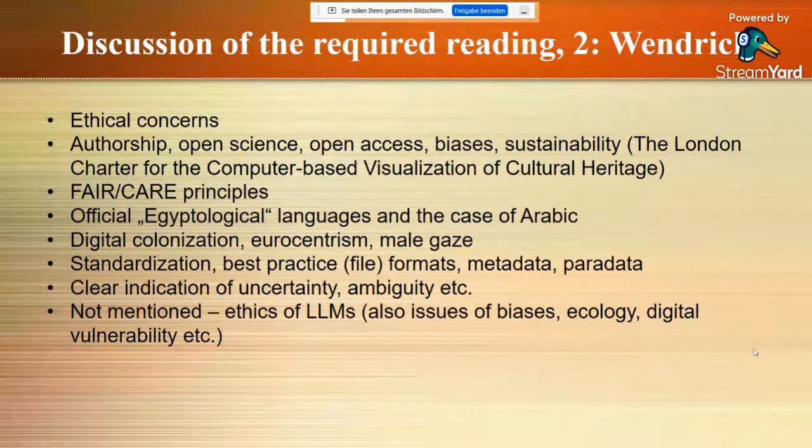Something else that is a question of Egyptology is that Arabic is not yet an official language. So usually there's a huge Eurocentristic or Northern Hemisphere view on Egypt. Arabic is not a prominent language, so to say. This is changing now. We have more and more papers, at least, and publishers offering Arabic translations or at least abstracts, but the field still is very Eurocentric.